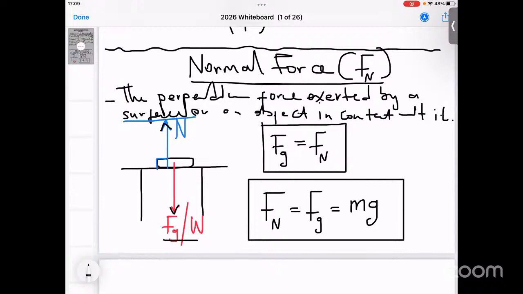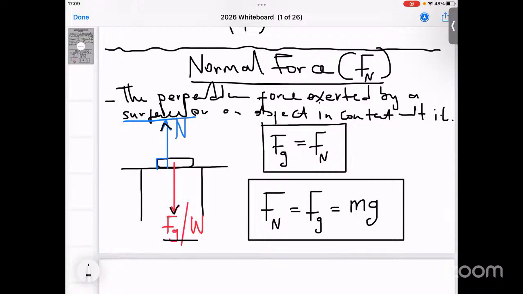Because it is on the table, the table is the one applying the normal force. It's like a force reacting to the gravitational force, and that force is exerted by the table. So I hope you fully understand this part, where we are not having any other external force, but just that force.